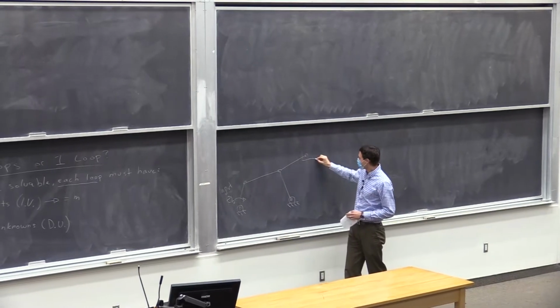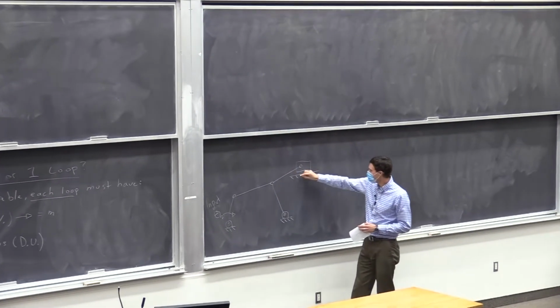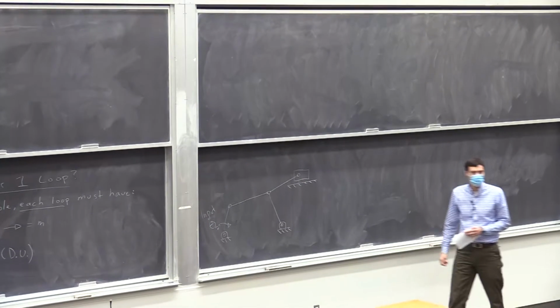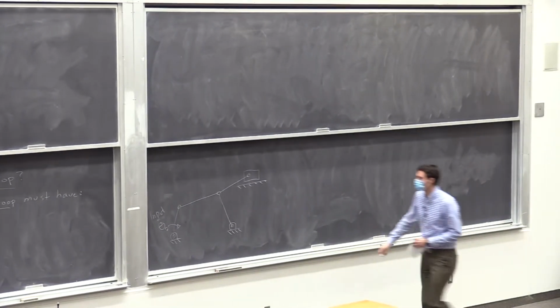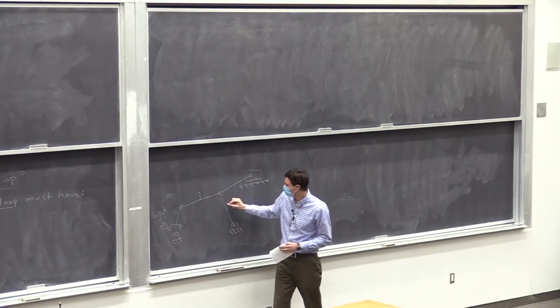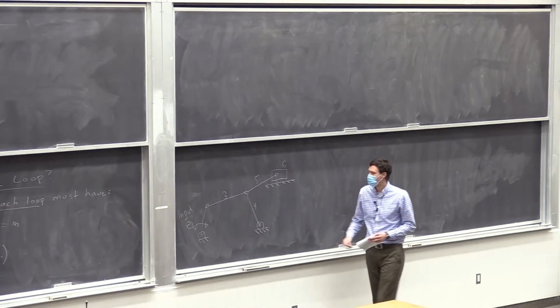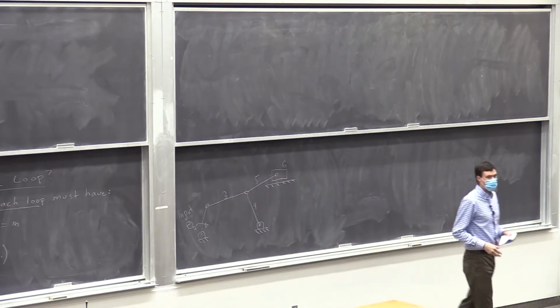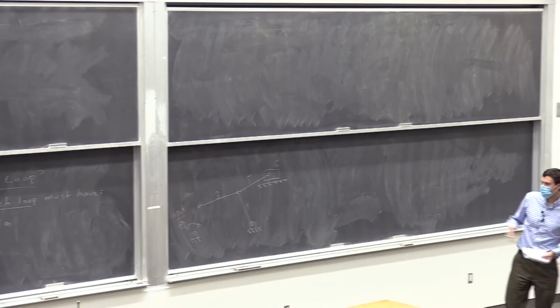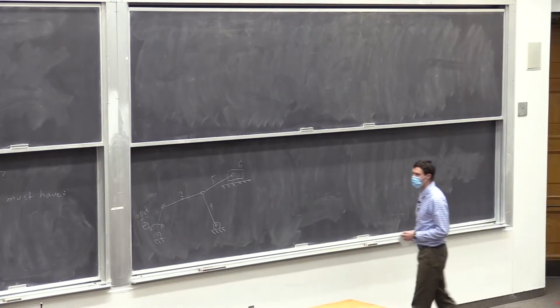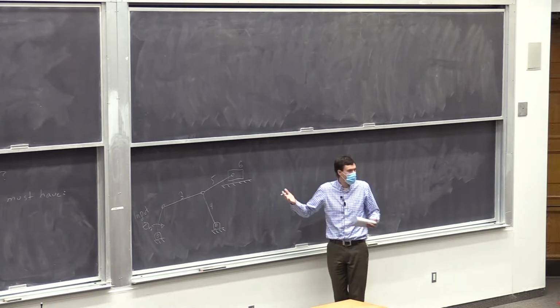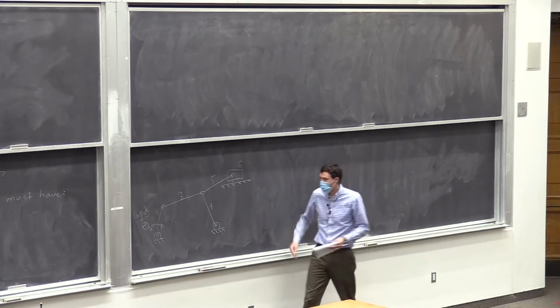But what if I add an additional element to this 4-bar? So there's link 2, 3, and 4, but I'm adding 5 and 6. The exercise you should do for yourself to decide what to do with loops is to count up all of our unknowns and see how many there are.